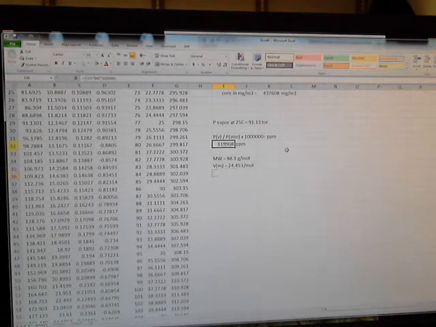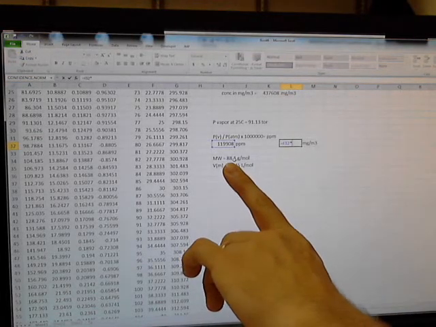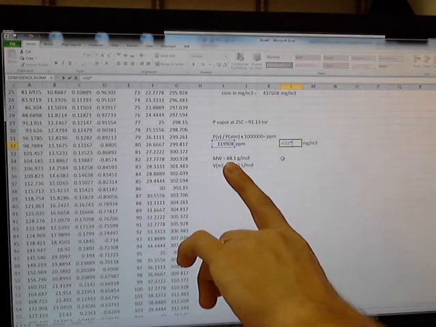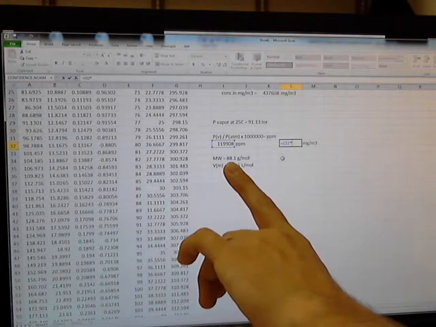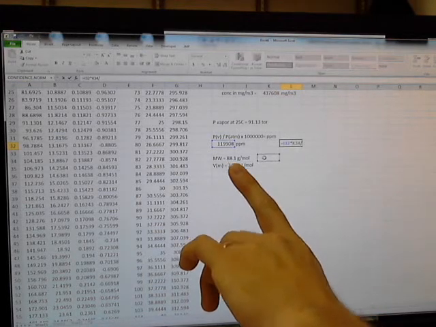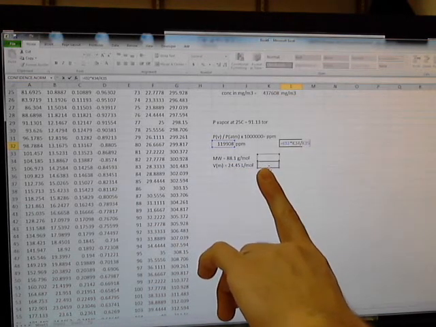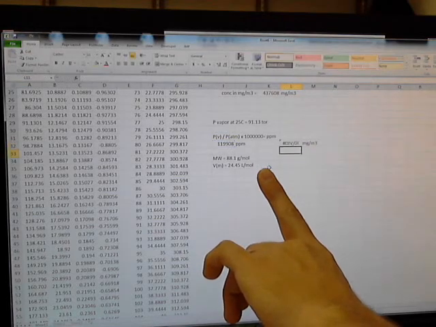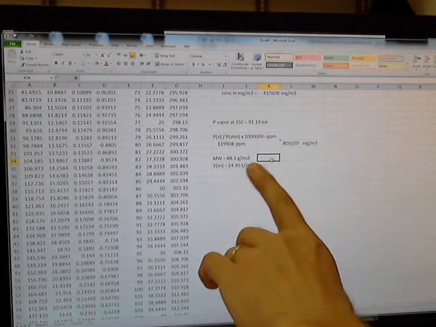Alright, so to convert ppm to milligrams per cubic meter, we are going to take our ppm and multiply by our molecular weight, divide by our molar volume, and that'll be it.